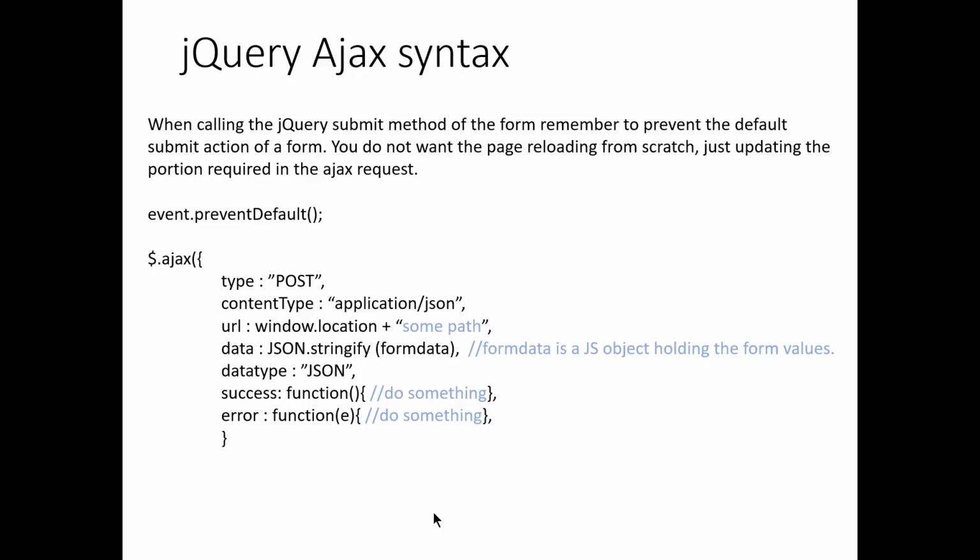And then on success, we will do something with that. In the example I'll show you in a moment, I was able to change the background color of the form area and display the data that came back from the server in what was an empty div below that. If there are errors, then we can also do stuff on our page to present an error message.